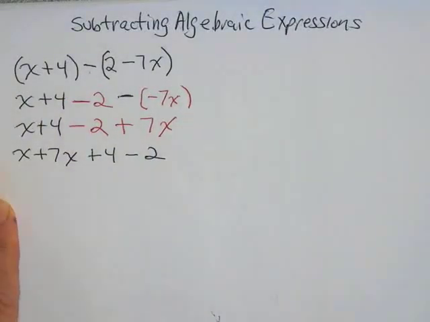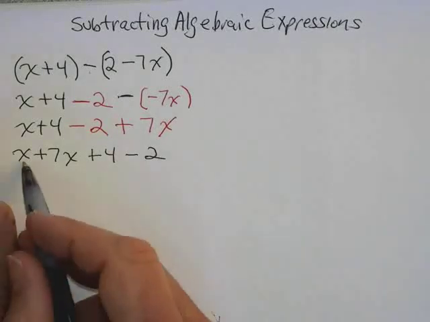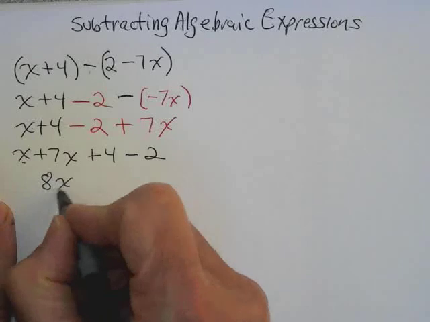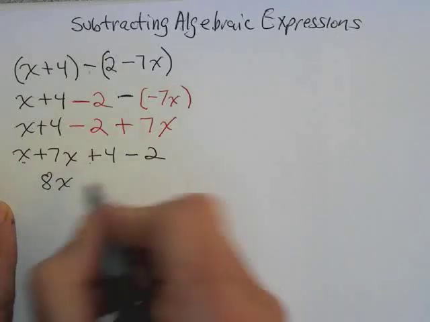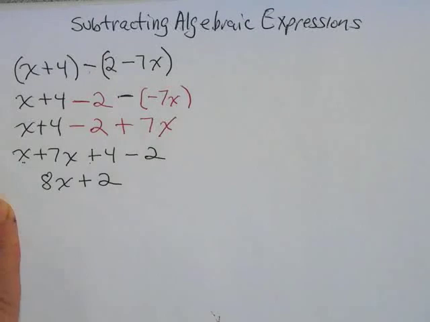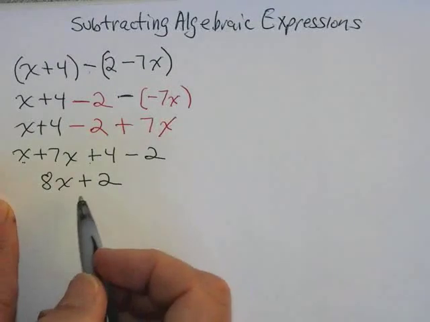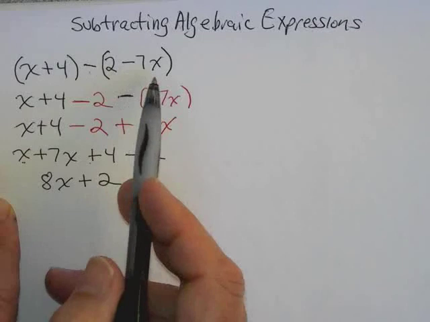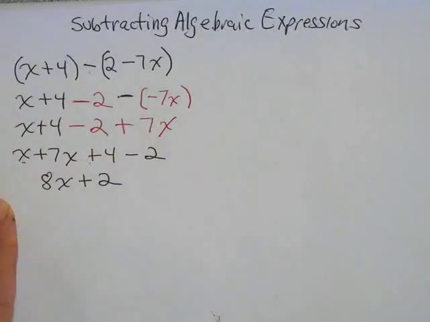All right, once I've done that, I can combine my terms. x is the same as 1x plus 7x would give me 8x. Plus 4 minus 2 means I'm going to have plus 2. This would be my final answer. I have now subtracted 2 minus 7x from x plus 4.